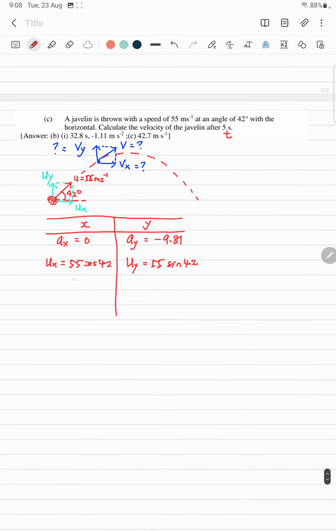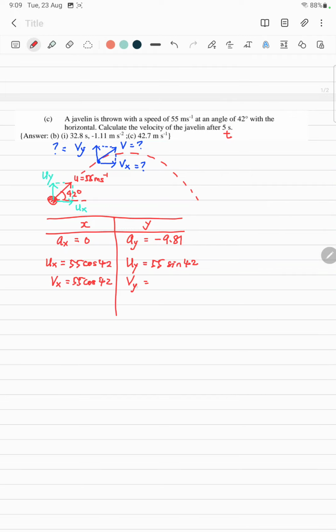Okay, and then we want to find the final velocity, horizontal and vertical. So the final velocity for horizontal is always equal to the initial component sebab Ax kita kosong. So we have 55 cos 42.